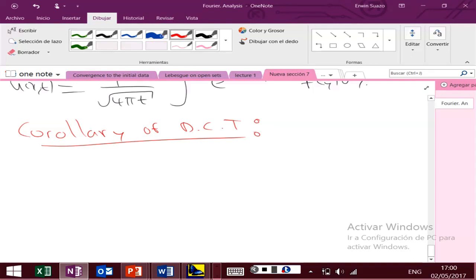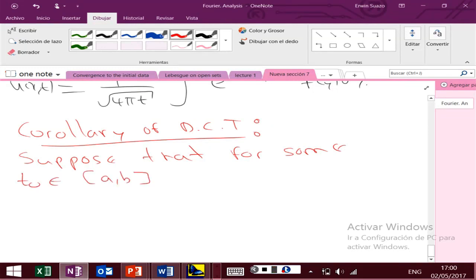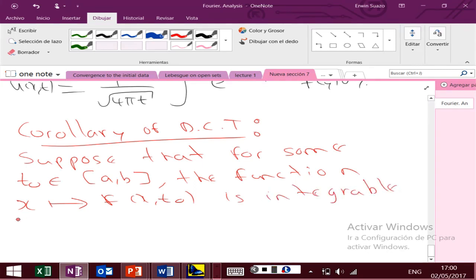Suppose that for some t sub 0 in (a, b), the function x to f of x, t sub 0 is integrable on the real line. So let's put just the real line.